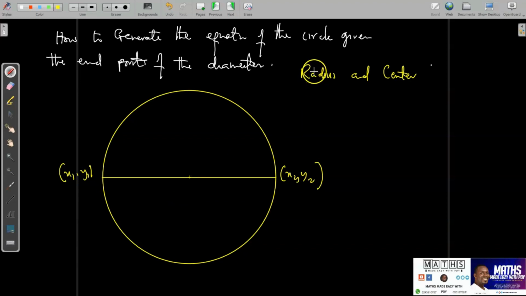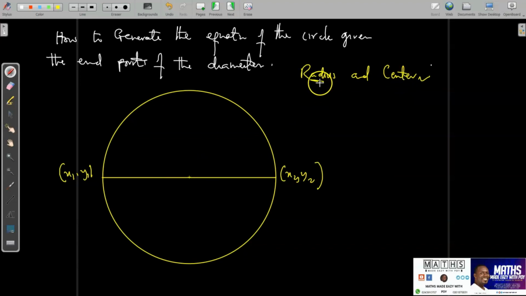We've just realized that there are two major things that we need to look out for whenever you are writing the equation of the circle. You must know the center and you must also know the radius. But we don't know any of them. So in your own small way, what do you think we can do to these two points here to be able to come up with the center of the circle as well as the radius?